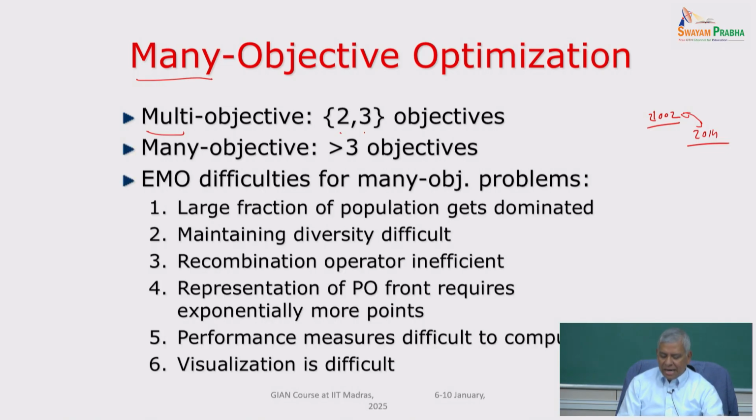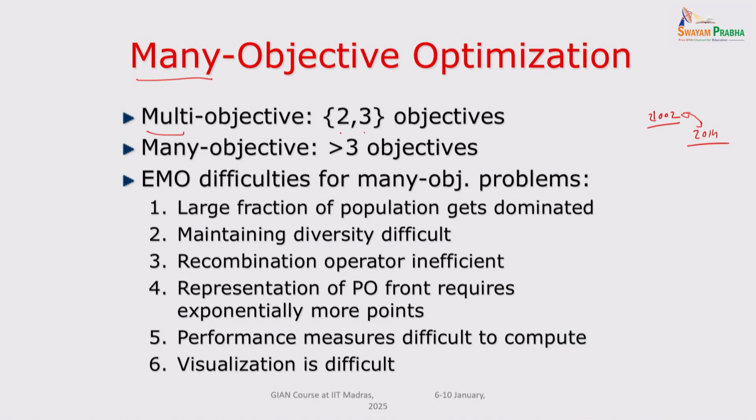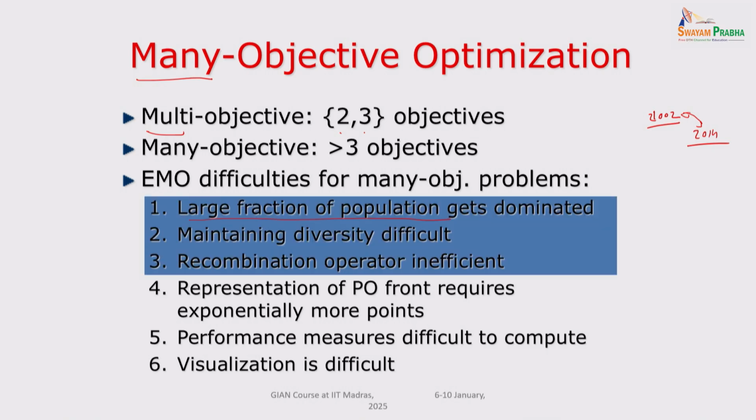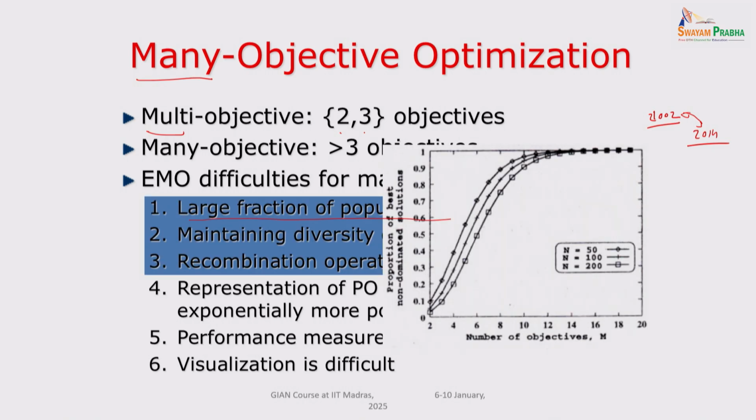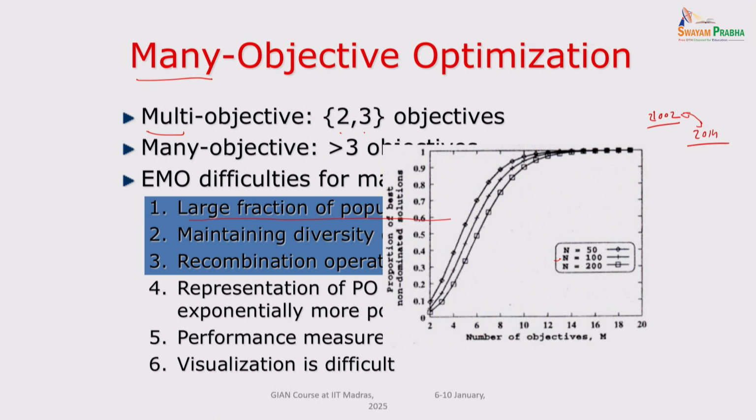So what are the difficulties? One I already mentioned, but there is another reason why multi-objective algorithms do not work for many objectives: a large fraction of the population gets dominated. Let me explain with a figure here. This figure is generated based on a random initial population. Let's say I've randomly created 100 members with 2 objectives.